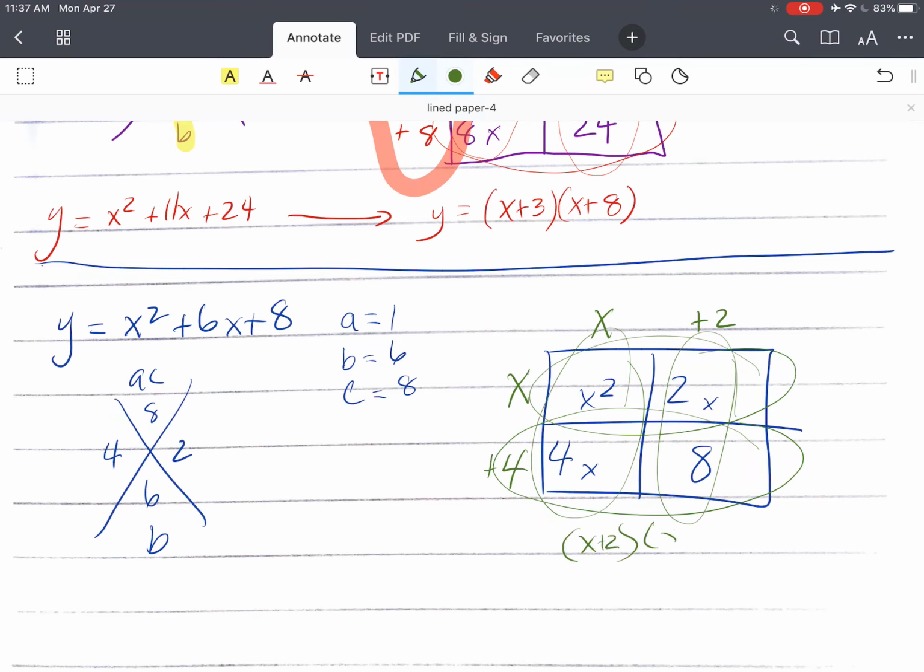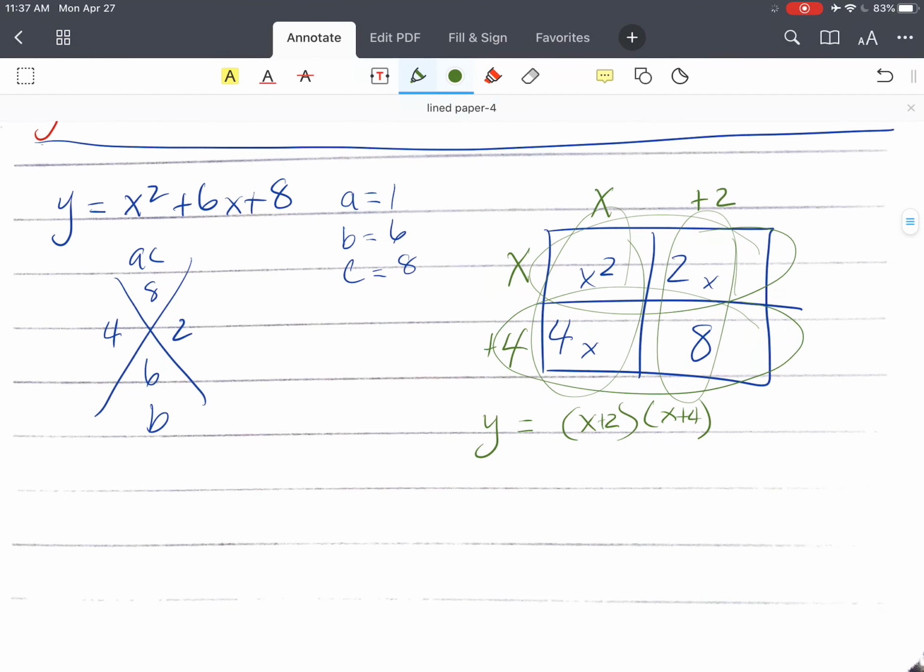And now, you have your factors. X plus 2, parentheses, and x plus 4, parentheses. We have converted the equation y equals x squared plus 6x plus 8 into its factored form.